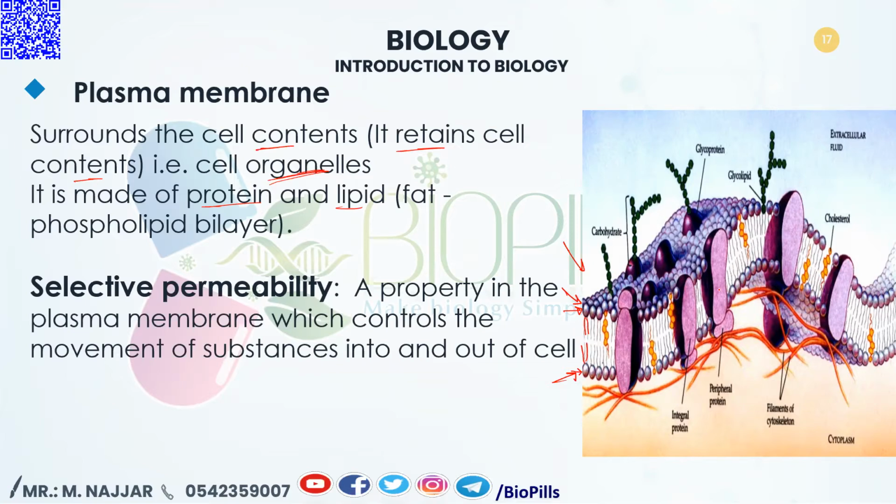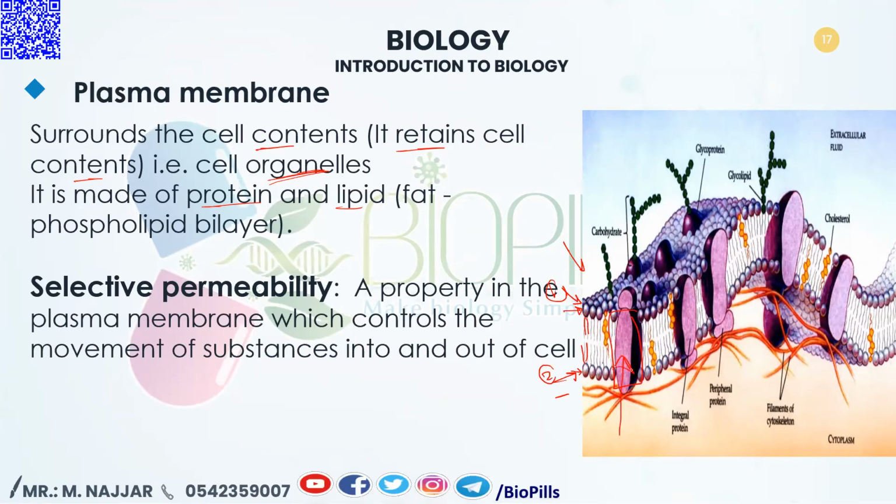And throughout the phospholipid bilayer, because it's two layers, first outer and second inner, there are embedded proteins. This protein may be spanning from outside to inside, which in this case is known as integral protein.